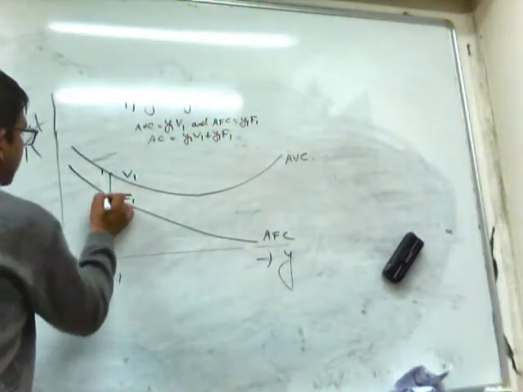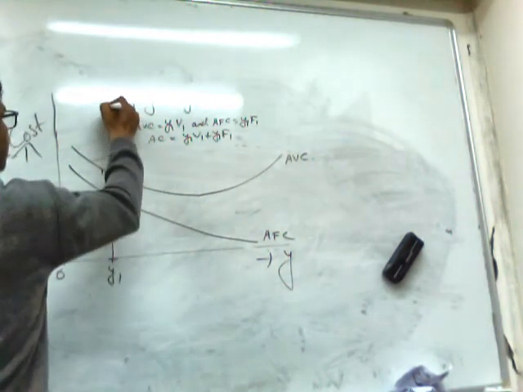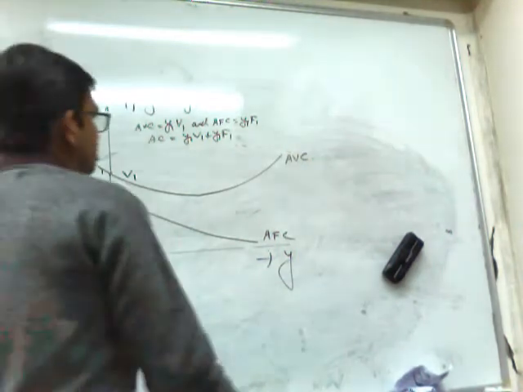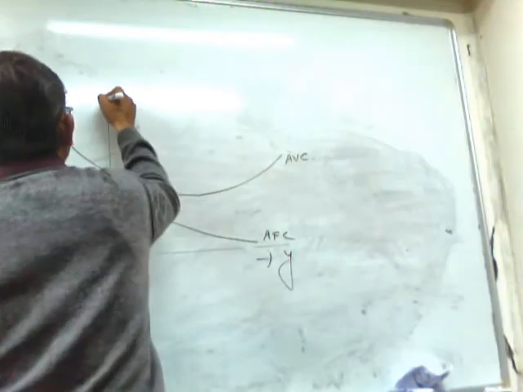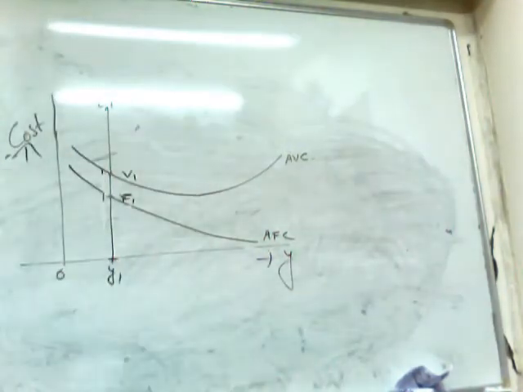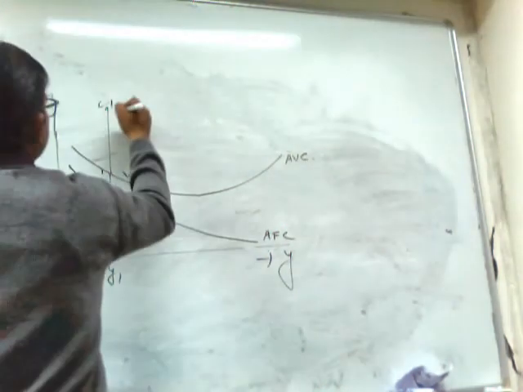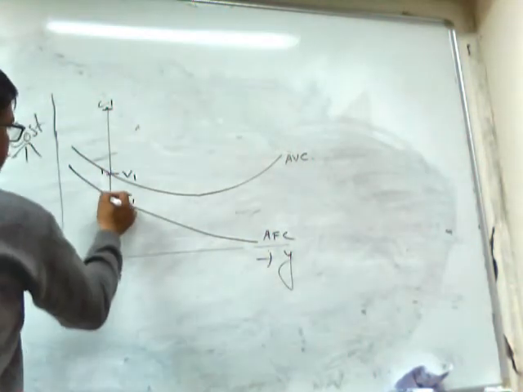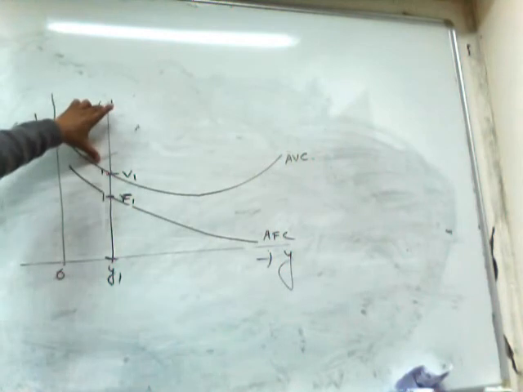We have to measure the value Y1F1 and add this value above. So this is Y1C1, so here this segment C1V1 must be equal to Y1F1. So we are plotting the distance above and we will get the value of average cost, that is Y1C1.